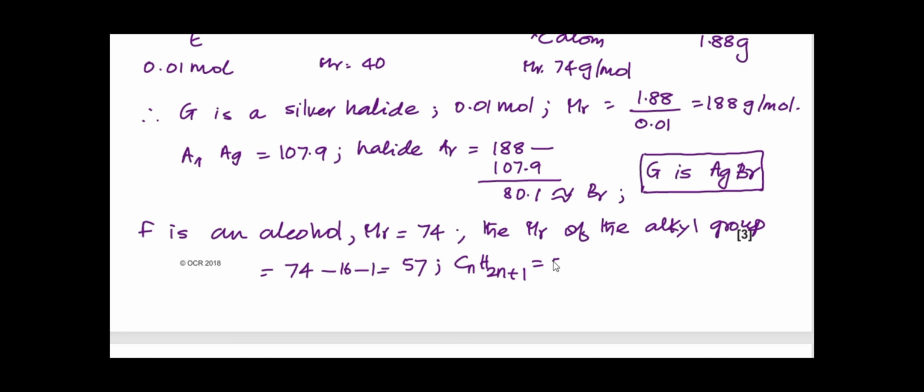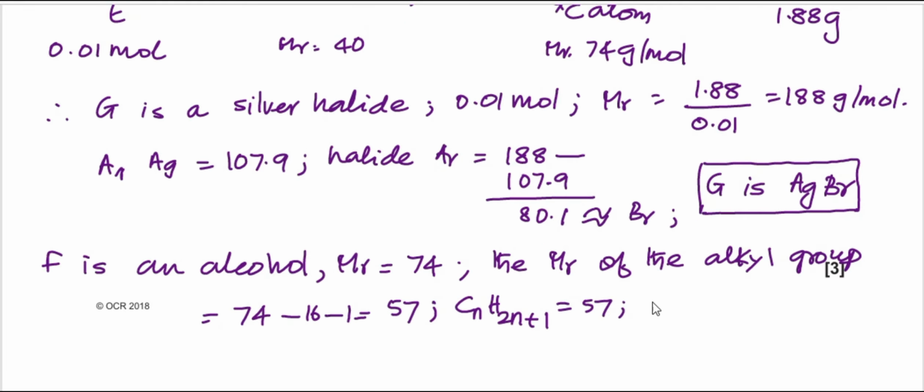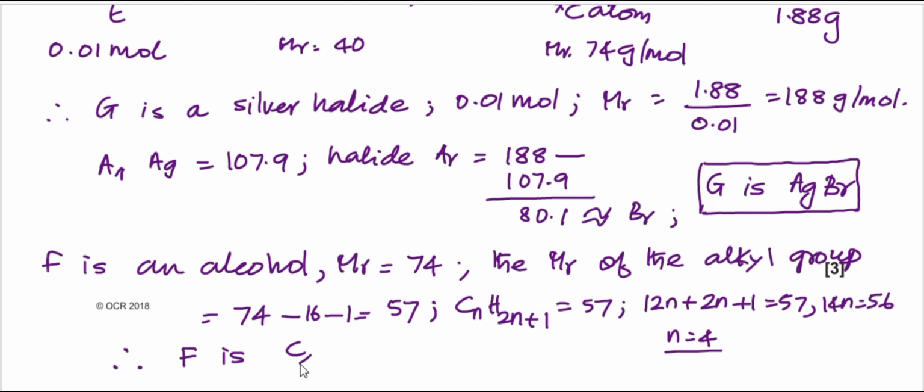So that is equal to 57. So calculating from this, 12n plus 2n plus 1 is equal to 57, which gives 14n is equal to 57 minus 1, which is 56. So n is equal to 4. Therefore, compound F is C4H9OH, and box this also.